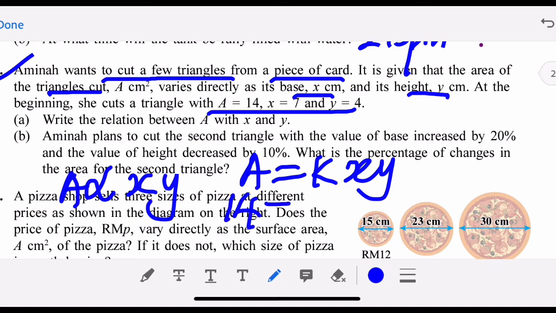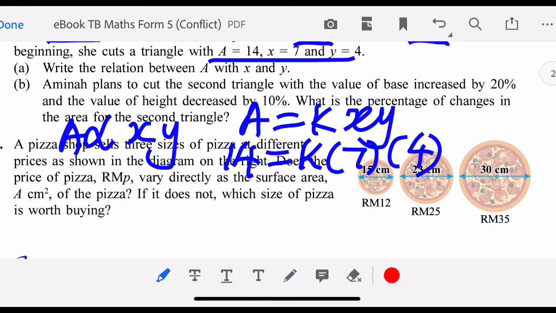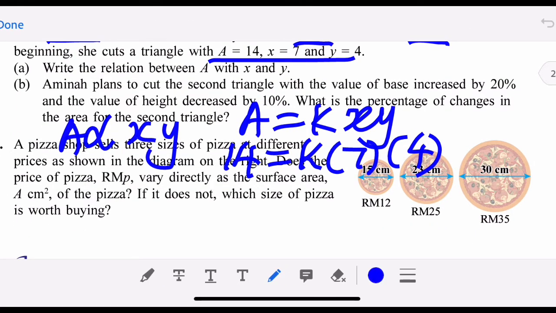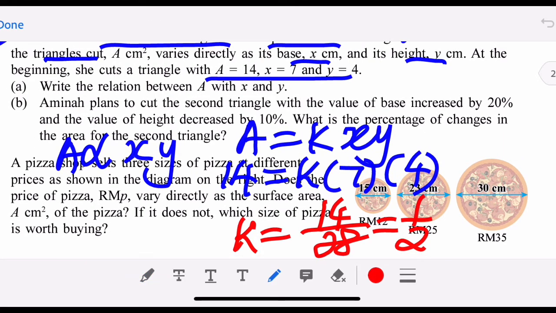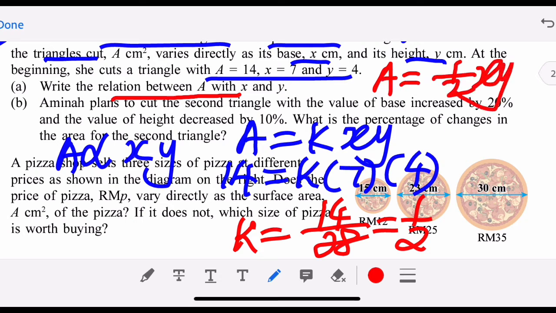So A is 14, and X and Y are 7 and 4, and K is the one that we need to find. So K is 14 over 28, so we have 1 over 2. So then we can say that the relation for the area is A = 1 over 2 xy, right?